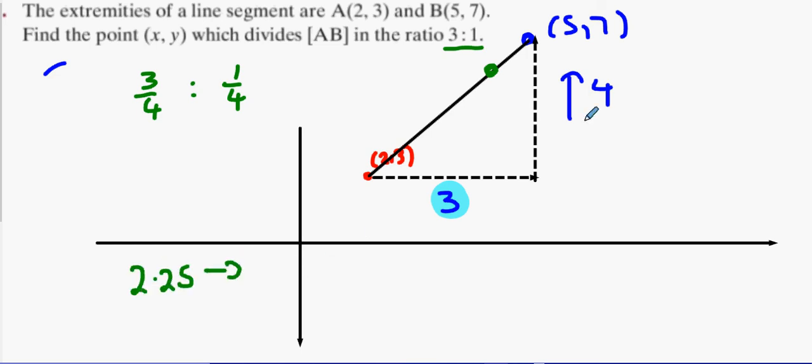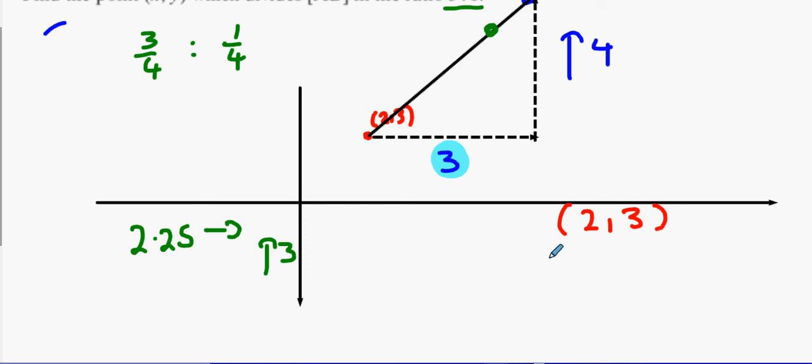What's 3/4 of 4? 3 upwards, isn't it? So what do you have to add? So you get the 2.3, and what do you add onto it? You add on 2.25, and what you get? 4.55.